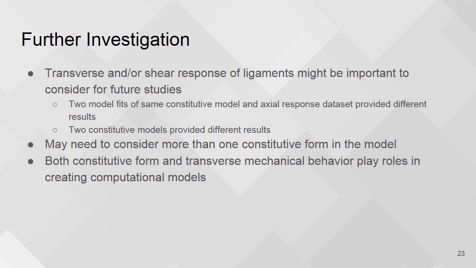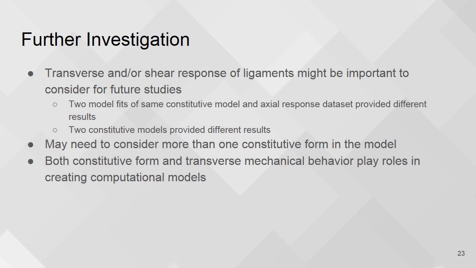The mismatch of computational results to experimental results indicates that the transverse and/or shear response of the ligaments might be important to consider for future studies. Also, currently there is not enough experimental data in multiple deformation states to be able to concurrently tell which material model is accurate, or even to ensure that all model parameters have been identified.